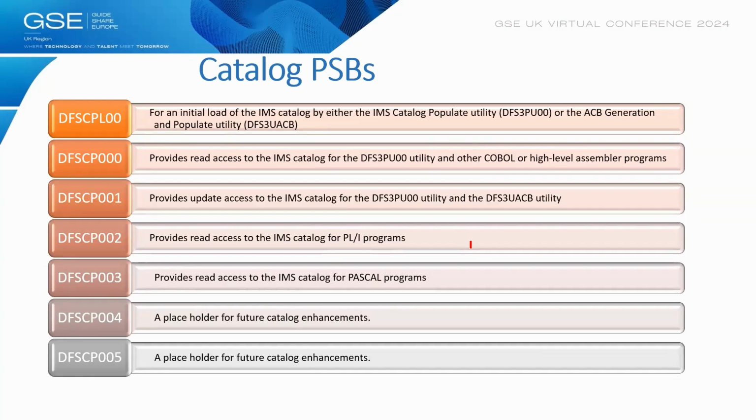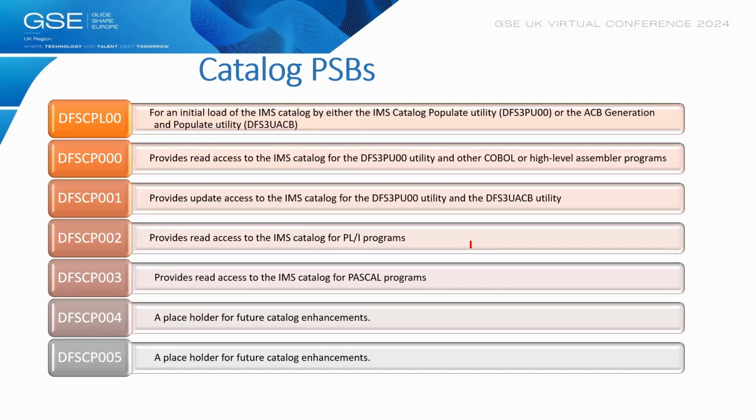The second one, DFSCP000, provides read access to the IMS catalog and in the IMS catalog populate utility. So it is just for read access. Or it can be used by COBOL or other high-level assembler programs for reading the catalog.